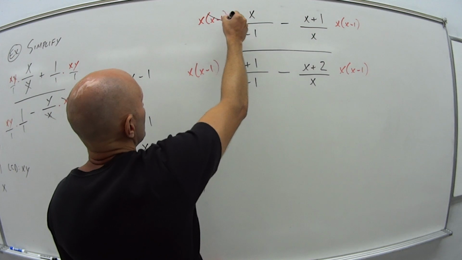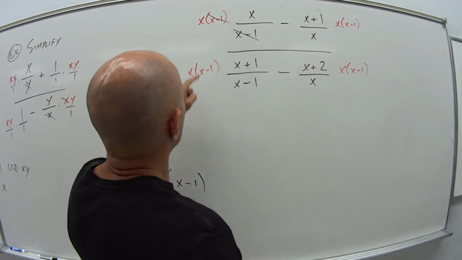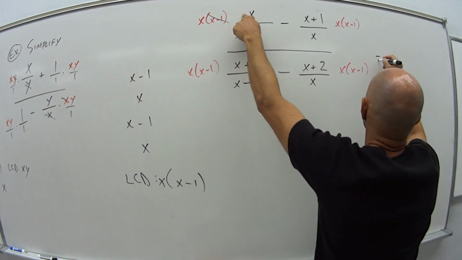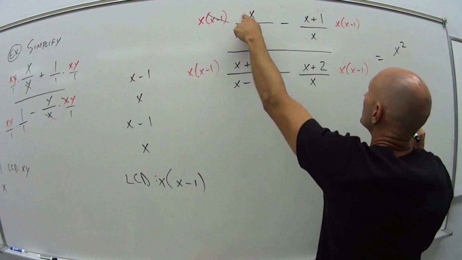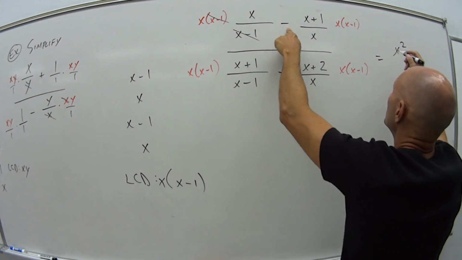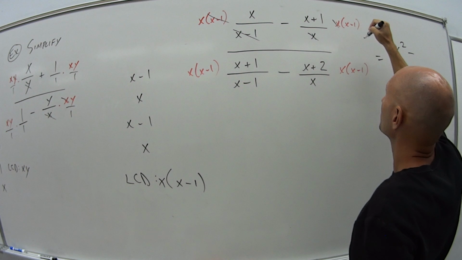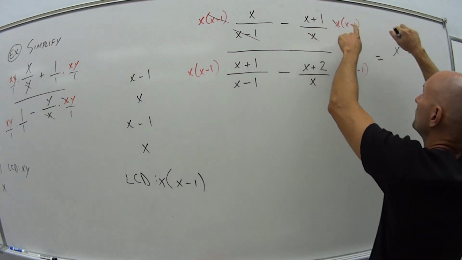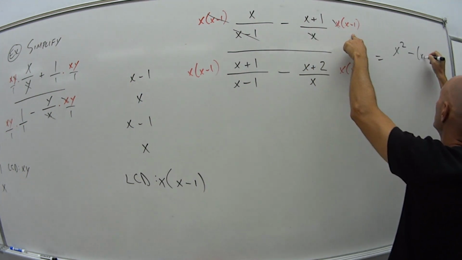So here we have what? x minus 1 cancels with x minus 1, and we just have x times x, which is x squared. Minus, here the x's cancel, so I have x plus 1 times x minus 1.